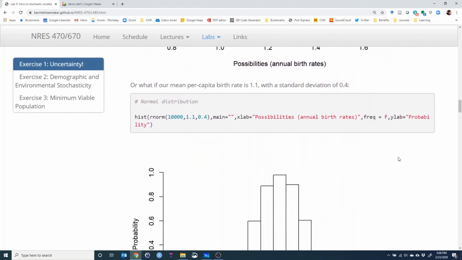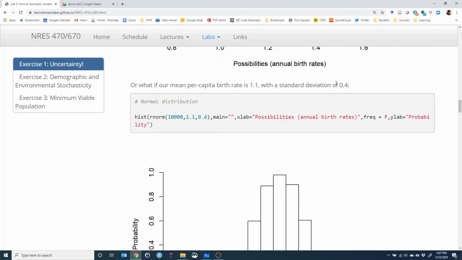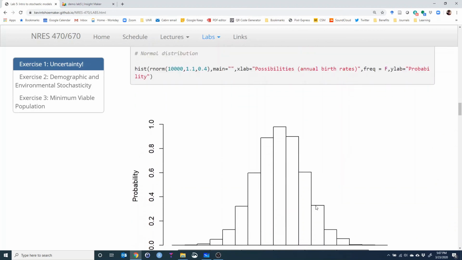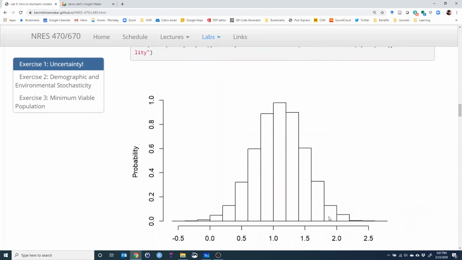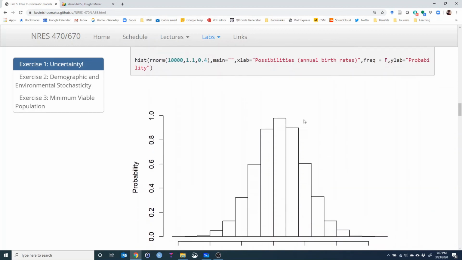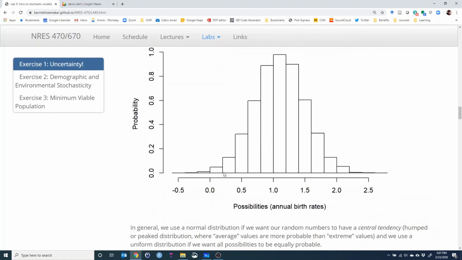Or we might see that the mean per capita birth rate is around 1.1, and you might see that there's a standard deviation of 0.4. So the average year has a birth rate of 1.1, but on the extreme values, you might see something about 0.8 or 2 standard deviations higher than that. So that would be 1.9 or even higher in an extreme good, favorable year, and could be down close to 0, basically, in a really bad year.